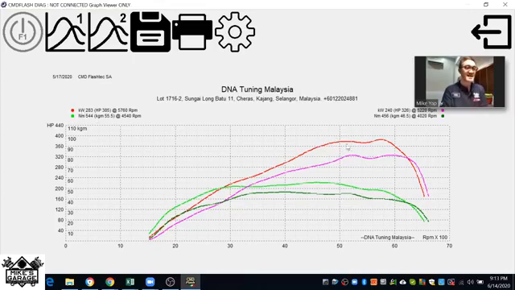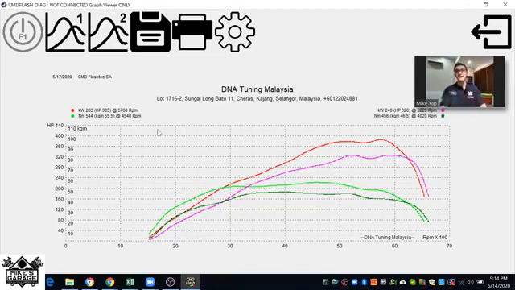I think this is the more accurate run because it's from the original tune. At the engine it's kicking out 385 horsepower and 544 Newton meters of torque. These are actually calculated figures from the engine ECU, and the software is very smart.